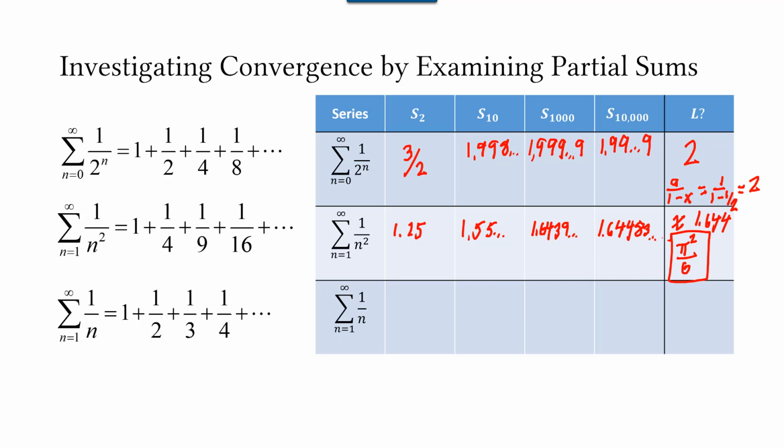All right, our last example is to take a look at the sum of the reciprocals of the positive integers, in other words, the harmonic series. Well, let's see what this one does.